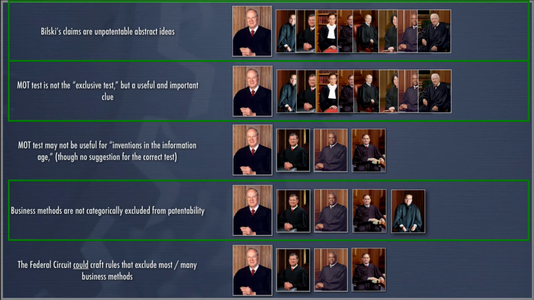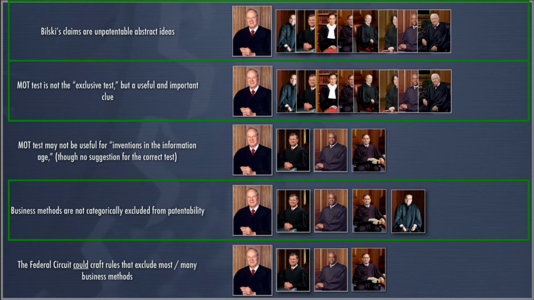And the Supreme Court ends up writing one of the most difficult to understand and least satisfactory opinions ever. So I've saved you some time by trying to sort through all of the various opinions, and here's how it goes. You have a unanimous court saying that Bilski's claims are unpatentable abstract ideas.